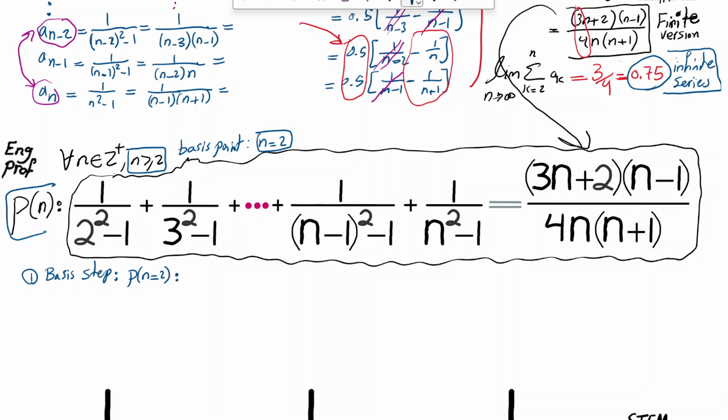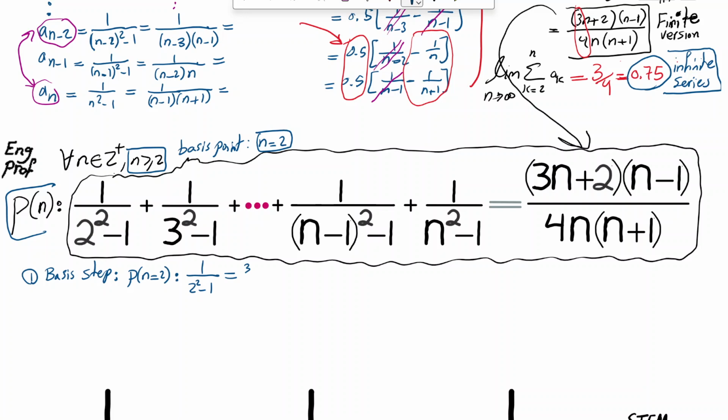So what is P of n equal to 2? The only term on the left hand side is the first term, because we are stopping at n equal to 2. So we have 1 over 2 squared minus 1 on the left hand side, and on the right hand side we substitute n equal to 2.